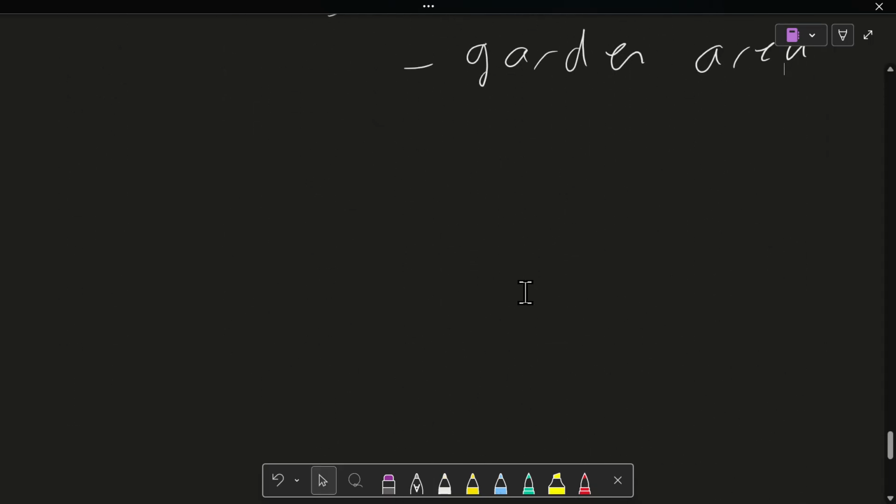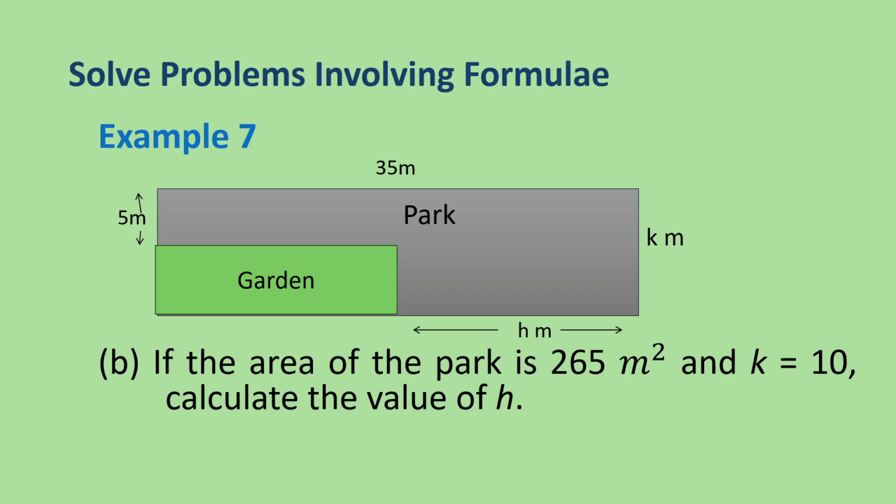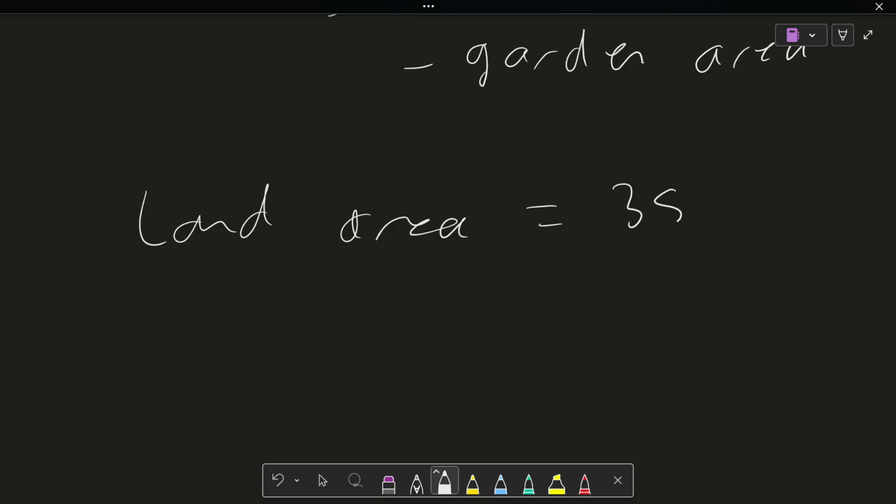So first step, we find the land area first. Land area will be 35 times k, which is 35k.